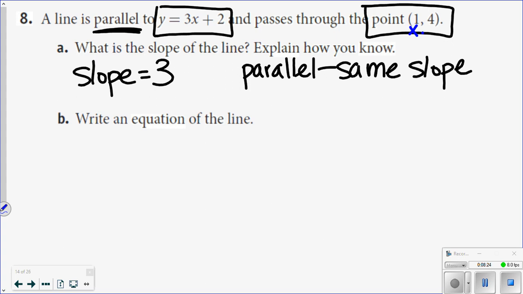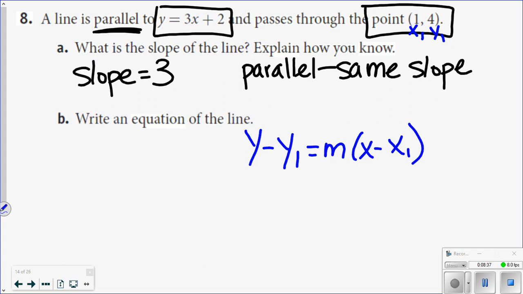Here's my x1, y1, and just a reminder of point slope form. This is why we have that one note sheet with all of the forms on it. They're also posted at the front of my classroom for you.